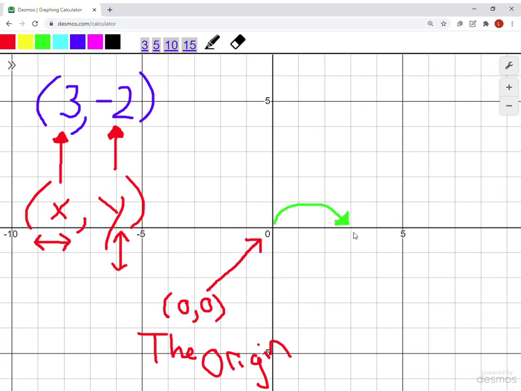So I'm going to start where the 3 took me, and I'm going to go this many units up or down. So since it's negative, I'm going to go down. I'm going to go 2 units down, and that would be right there. So I'm going to plot that point, and wonderful. That is the coordinate 3, -2.